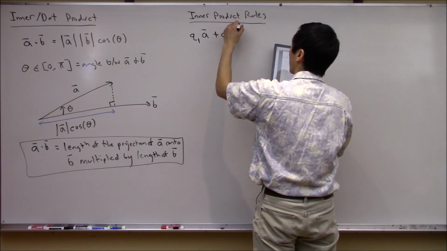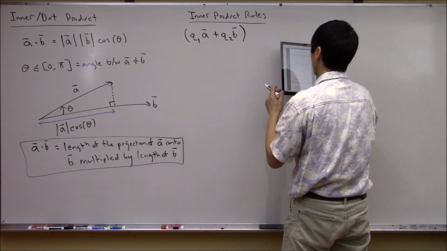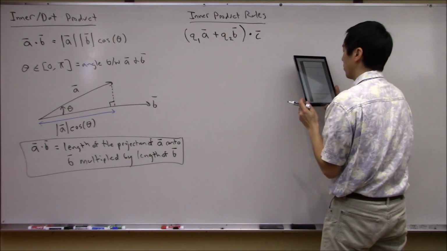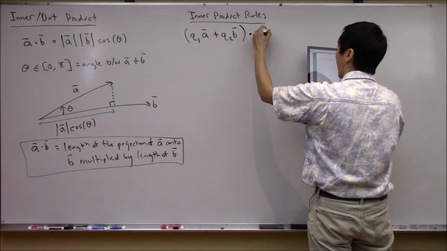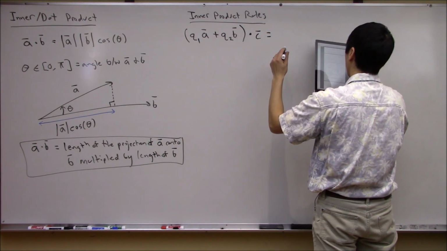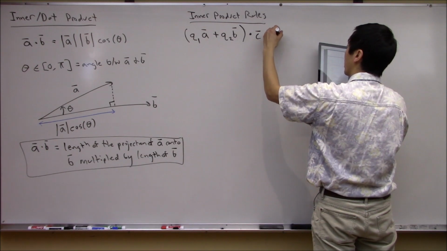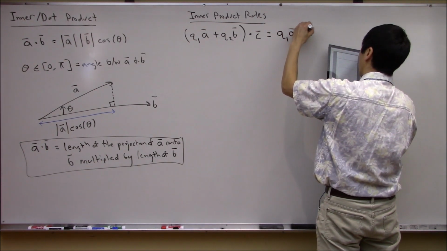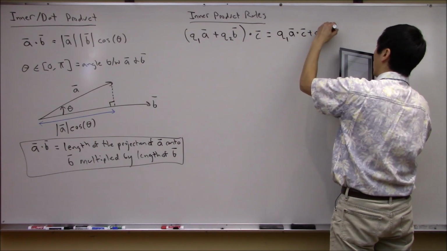Then you take this operation and dot product with some other vector C. If you do that, the nice property about the inner product is you're going to get this: q1 A dotted with C plus q2 B dotted with C.